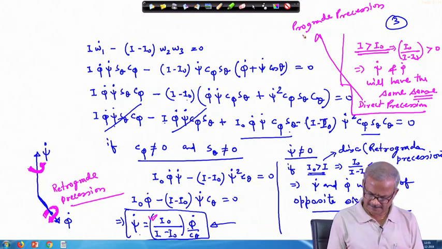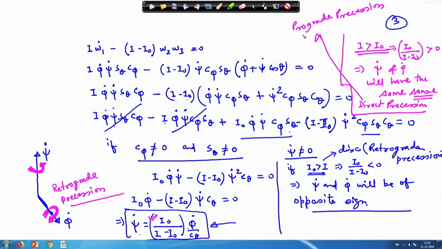Okay, so this completes this description for calculating the rate of precession. Basically, this gives you the relation between the rate of precession and the rate of spin. There are some things that you can observe from this equation.